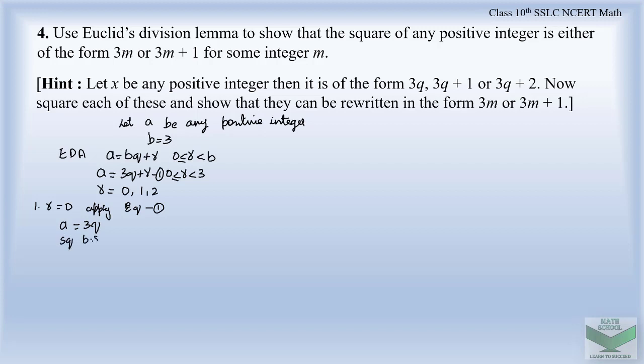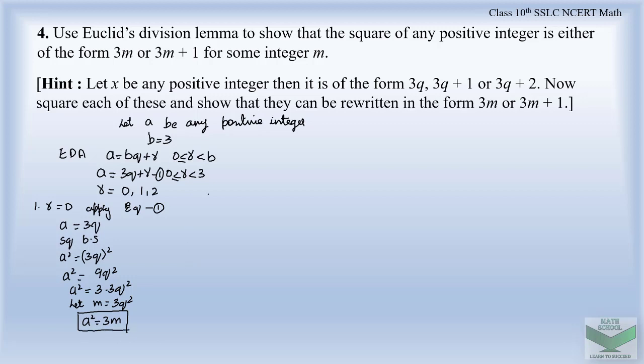Squaring on both the sides, we get a square is equal to 3q the whole square, or a square is equal to 9q square, or we can write a square is equal to 3 into 3q square. Now let us assume m is equal to 3q square. Therefore we get a square is equal to 3m. Okay, we got the first result.